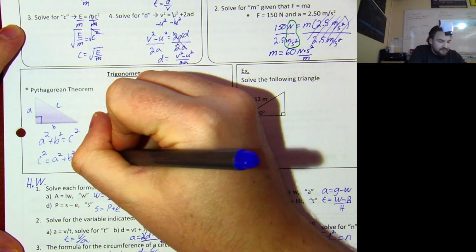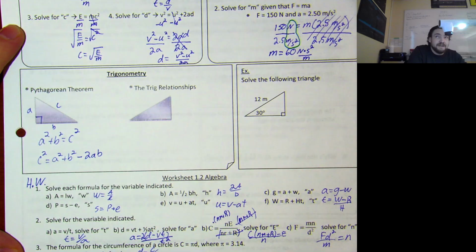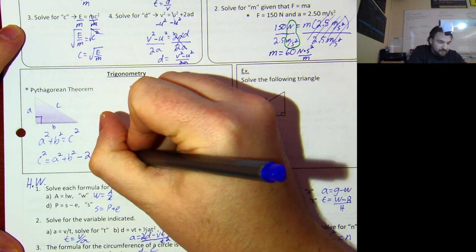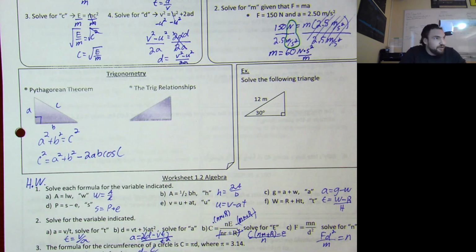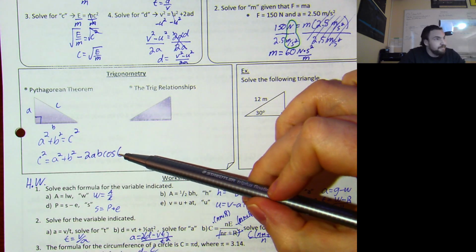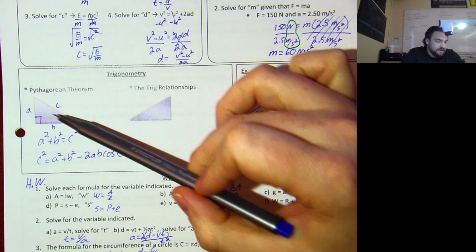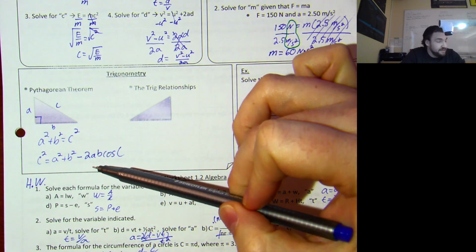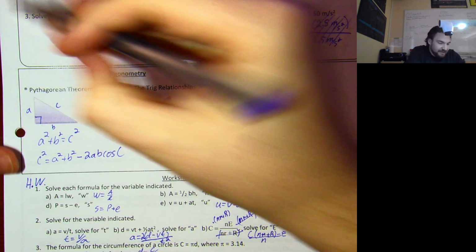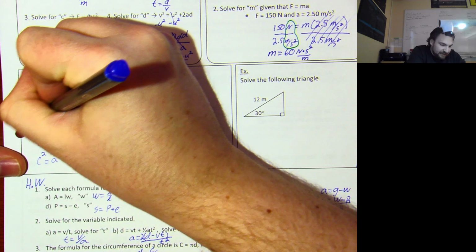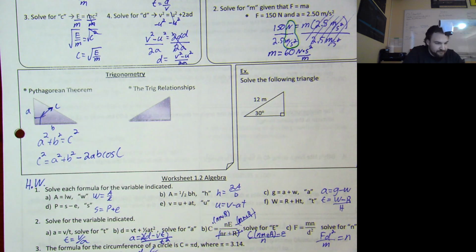Minus 2ab cos of what? We label the angle with the same letter as the side that it's across from. In this case that's side c, angle big C, and these are across from each other. So if we need cosine law, here it is.